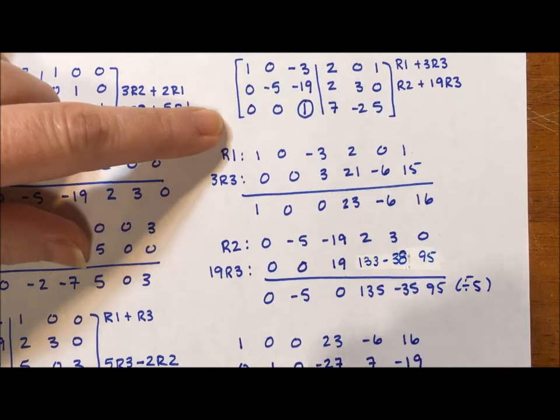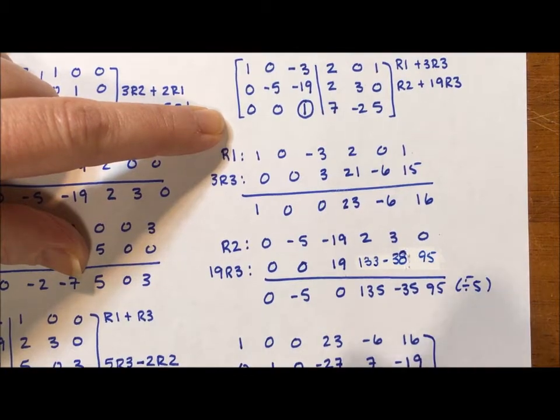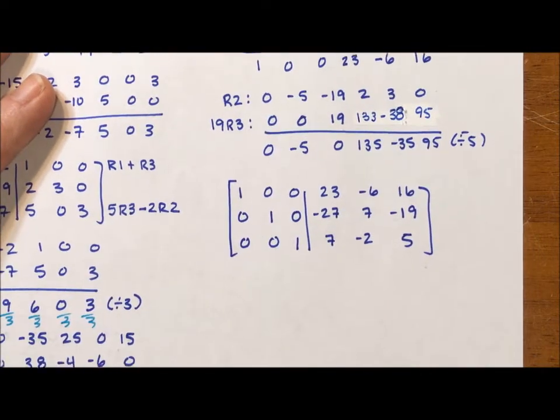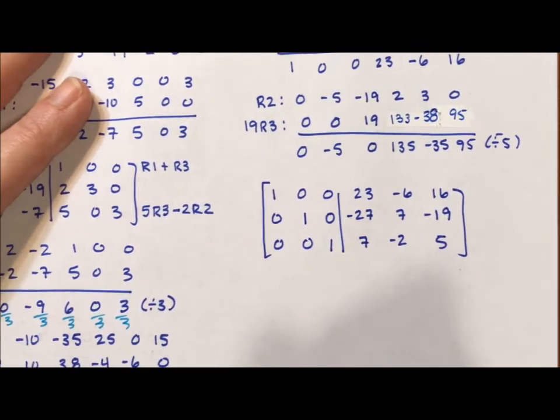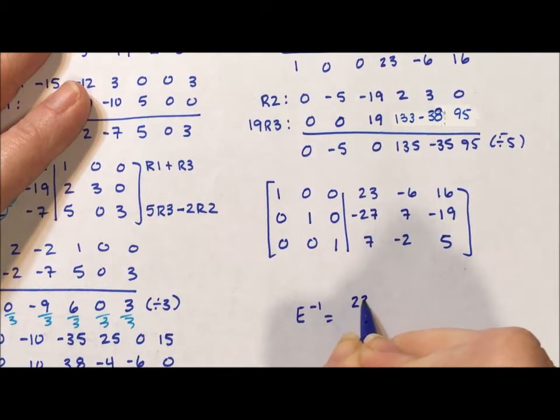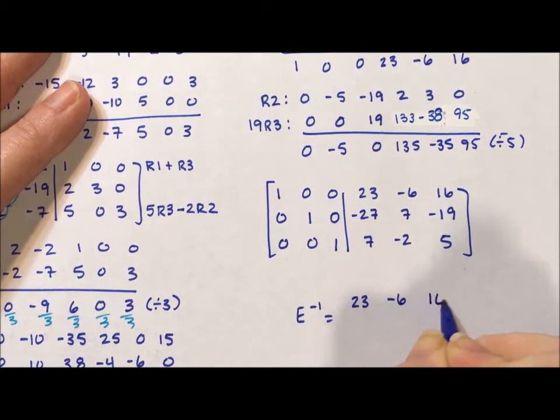And our third row, 0, 0, 1, 7, negative 2, 5. We have our identity matrix on the left, which means what we have on the right is the inverse of E: 23, negative 6, 16, negative 27, 7, negative 19, 7, negative 2, 5.